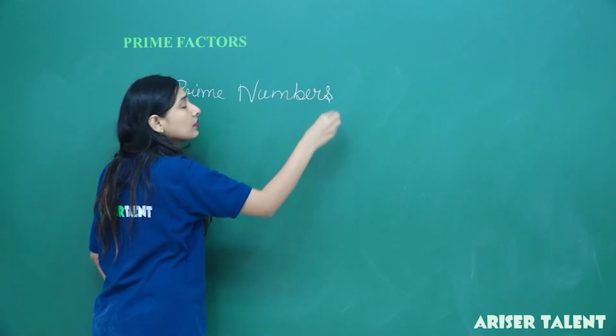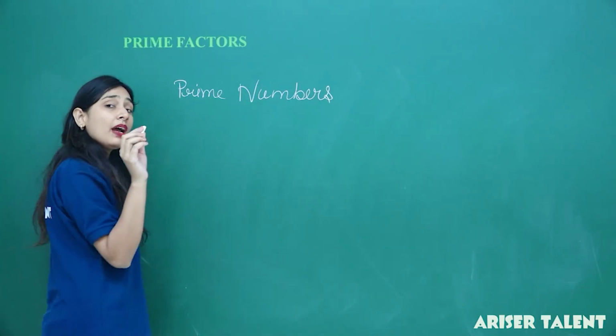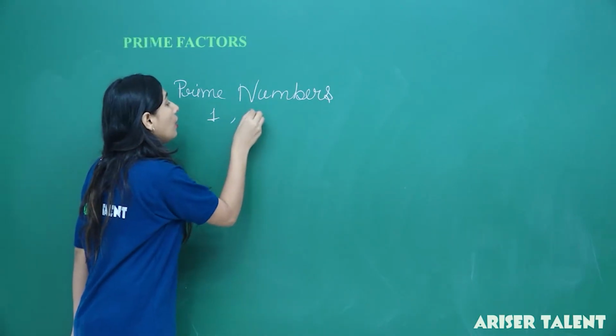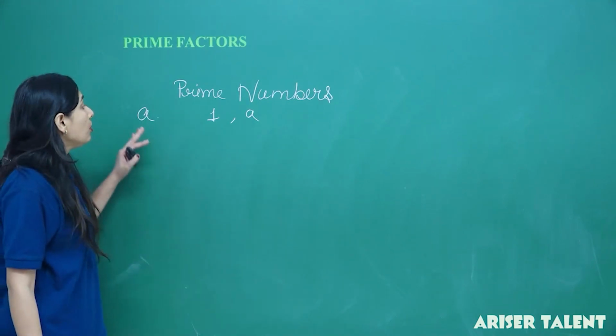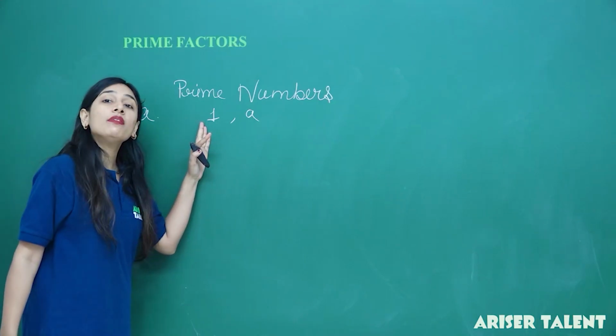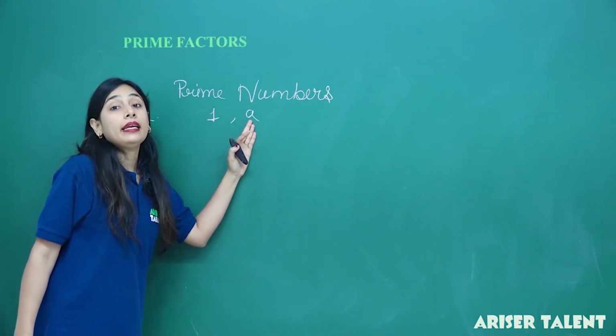What are prime numbers? Any number which is divisible by only either 1 or itself. Let me say A is any prime number. So, if A is any prime number, it may be divisible by 1 or by A, nothing else.